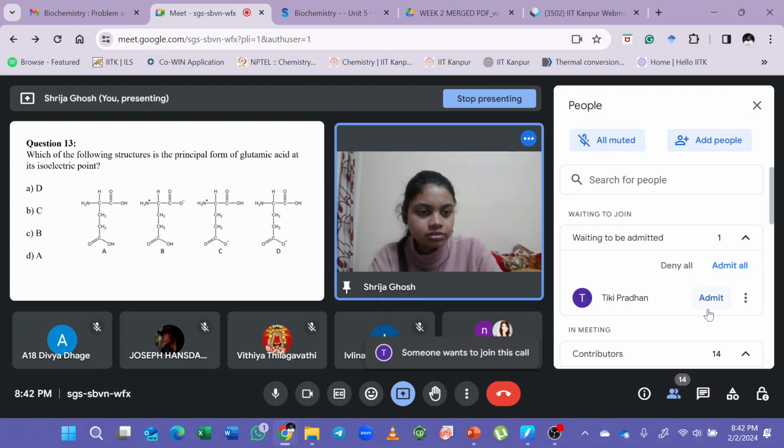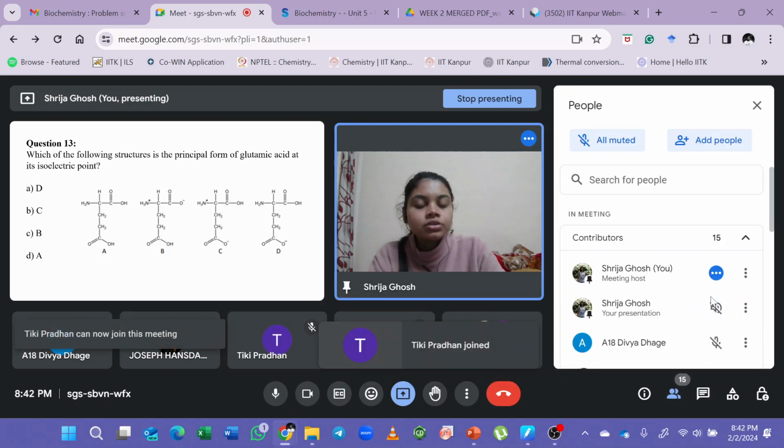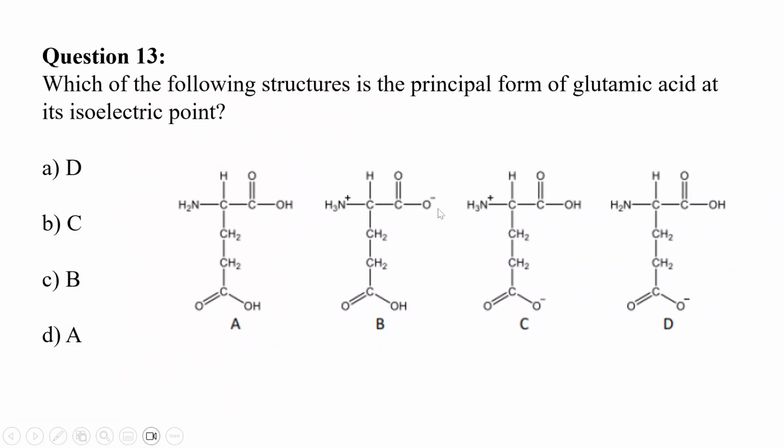So the most electronegative atom, so here carbon is attached to 2 oxygen, so this is the most electronegative. This proton is attached to the most electronegative atom, so this proton will be released first.